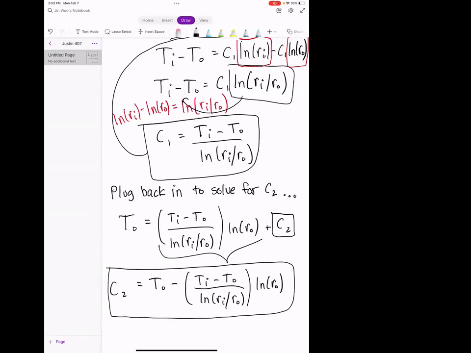Now that we have both of our constants, we are ready to plug them back into our general equation and get the final answer for this problem.